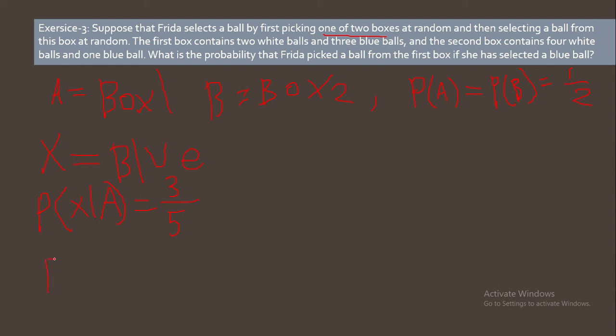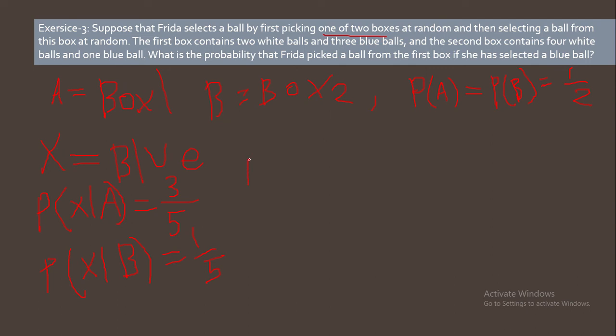And similarly, probability of selecting a blue ball given that we have selected the box 2 is 1 by 5. Why? Because there are total 5 balls, and out of those one ball is blue, so 1 by 5. Now we know that we have selected a blue ball. What is the probability that it came from box 1?